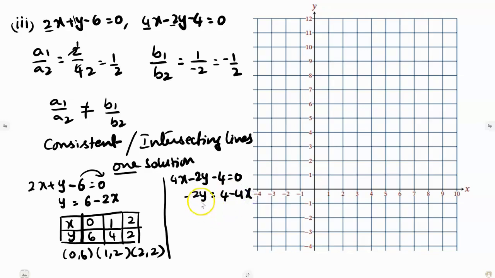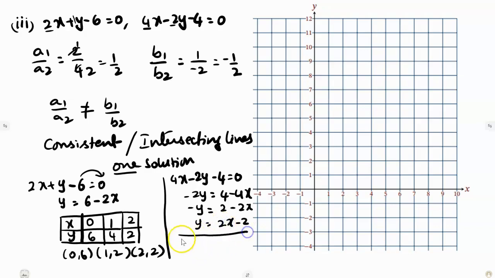If I divide throughout by 2, I'll get minus y is equal to 2 minus 2x. Next, I can cancel that minus sign and change the signs: y is equal to 2x minus 2.